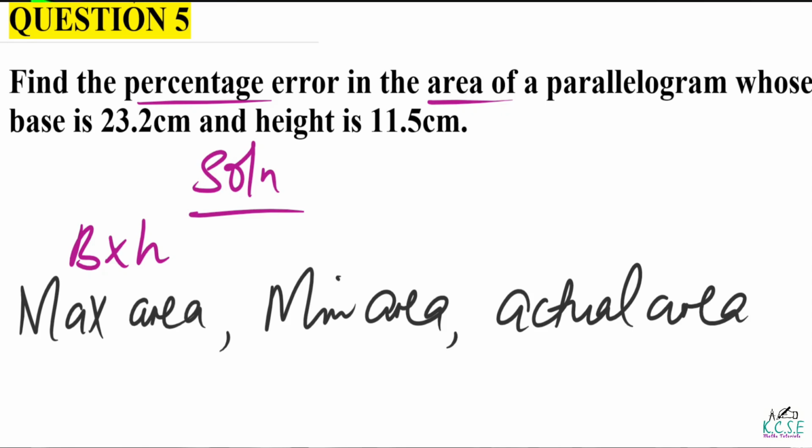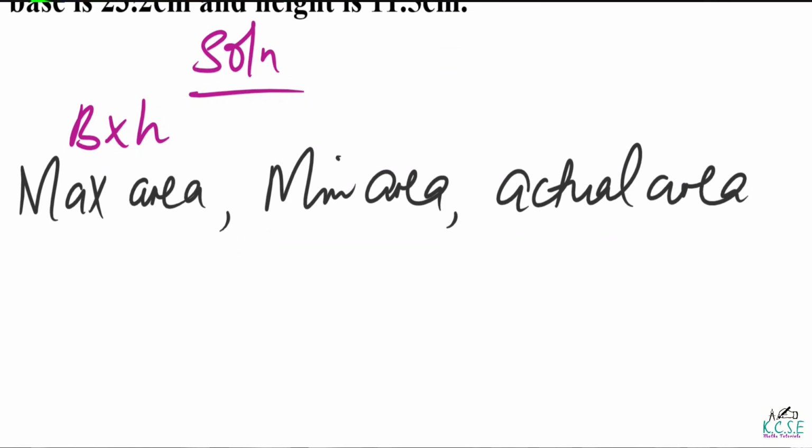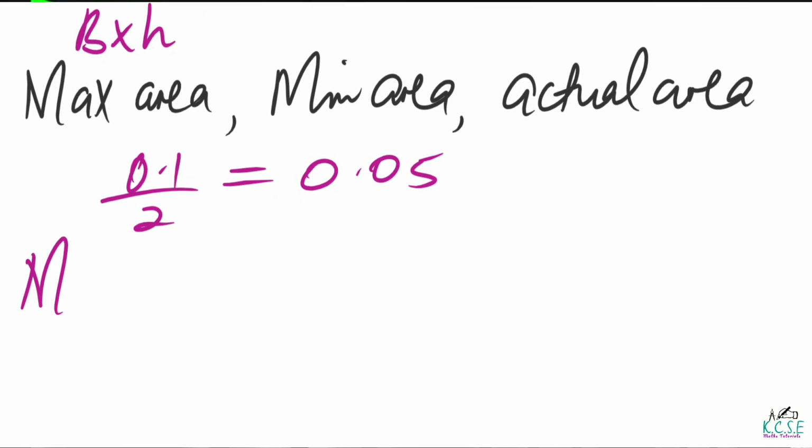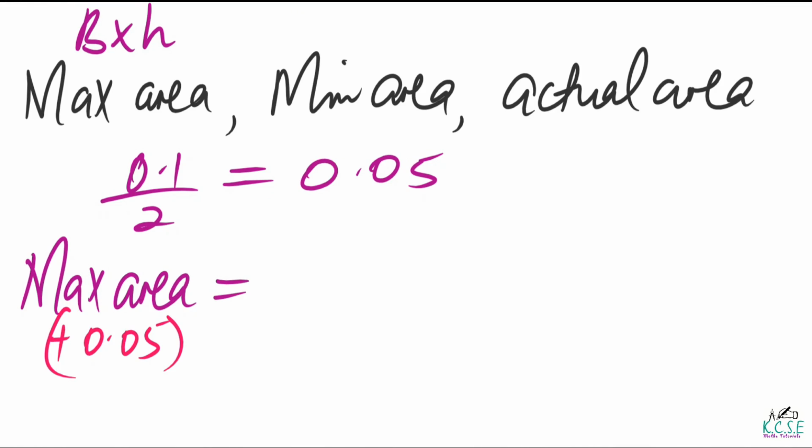The least unit of measurement is the same, 0.1. To get the absolute error in each of the measurements, we divide this by 2, and we get 0.05. So each of the measurements will lie within this limit, 0.05. We begin with the maximum area. For maximum area, as usual, we add 0.05 to each of these measurements.